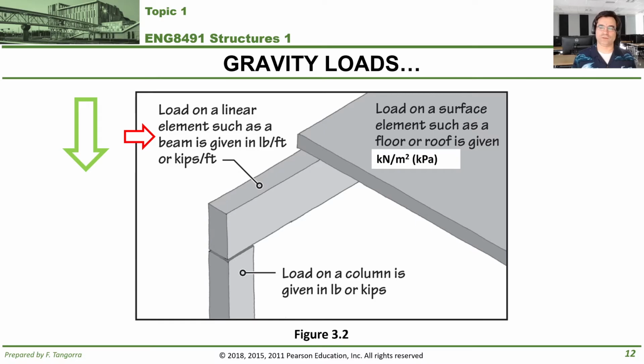Not per square foot. In metric units, the units are kilonewtons per meter. Okay? So it's kilonewtons per meter length of the beam. Then the beams have to shed their loads onto the columns supporting them below. And that's what happens here. And the forces on a column end up being in pounds or kips if it's in imperial units, or in kilonewtons if it's in metric units.